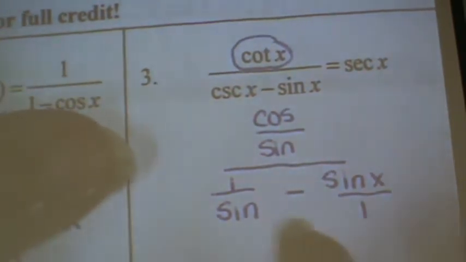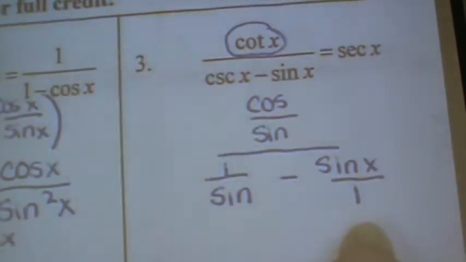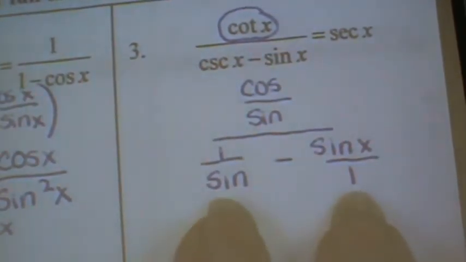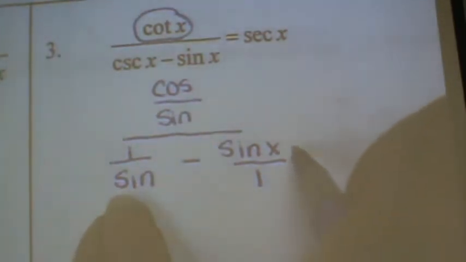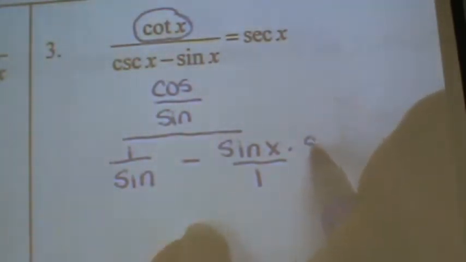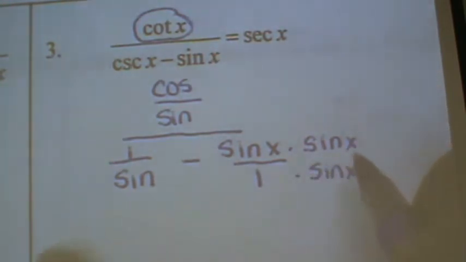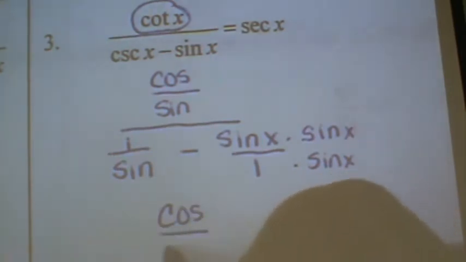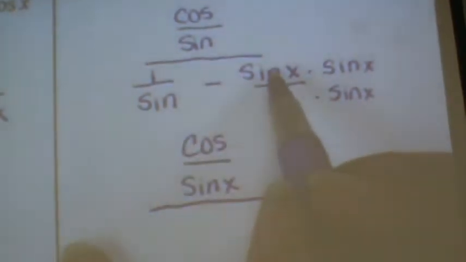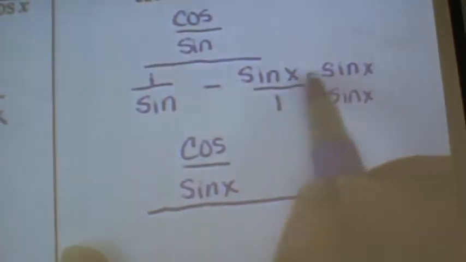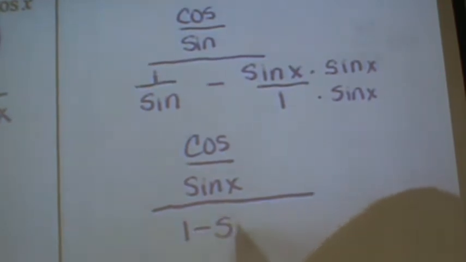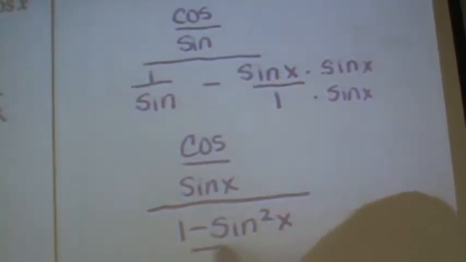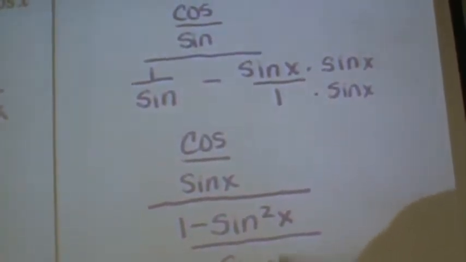Now, how do I get these two together? Right now they're separate. I have to get a common denominator. So watch, I'm doing it right now. I'm going to multiply this by sine x and this by sine x. So on top, you still have cosine of x over sine of x. And on the bottom, you have 1 minus sine squared x over sine x.